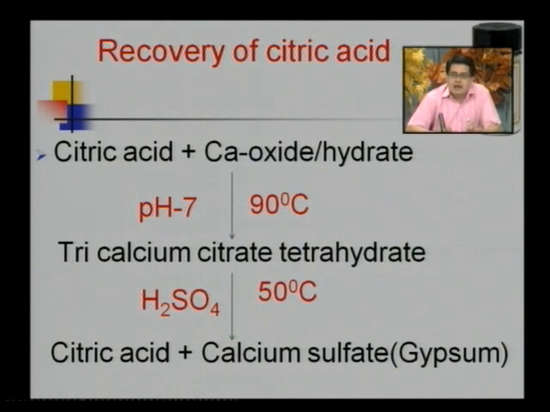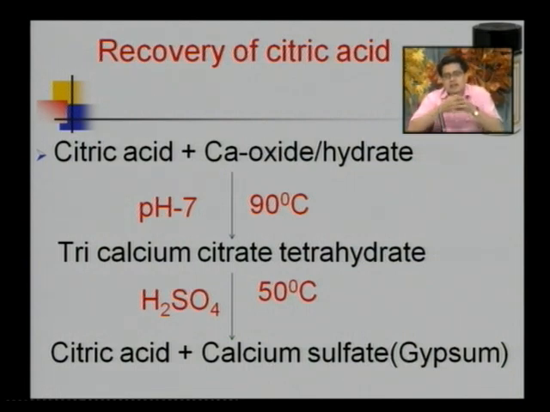Active carbon treatment will remove some of the colored organic substances which might still be present along with the citric acid. Then the residual calcium sulfate, if still present, can be removed by ion exchangers. So this is how further purification is carried out.